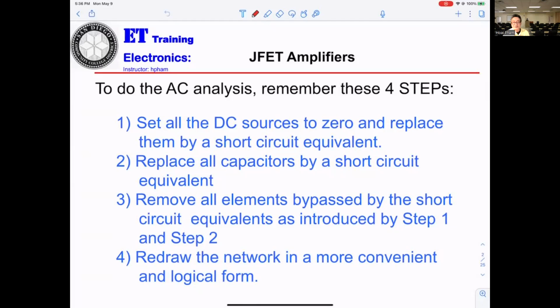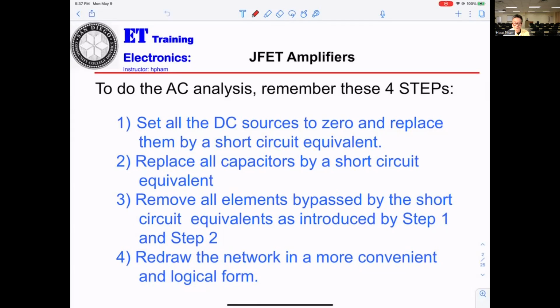Then you get the 4 steps. First, set the DC source to 0 and replace it by a short circuit. Number 2, replace the capacitors by short circuits. That's why in the AC circuitry you cannot see any DC power supply, and also no more capacitors. The DC power supply is shorted to ground, and the capacitor is shorted, just like a wire.